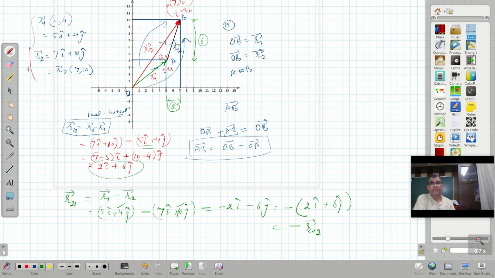So if this is the R12 vector, because this is identical to this AB vector, then the R21 vector must be in the opposite direction.